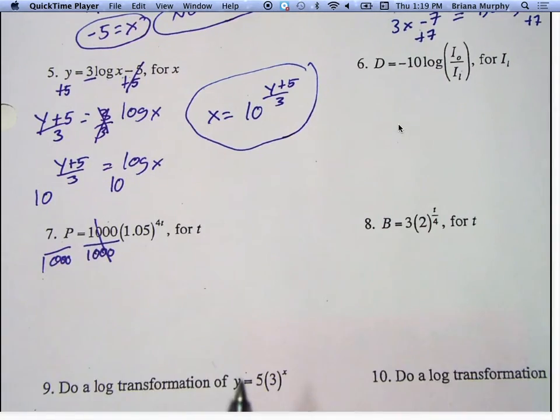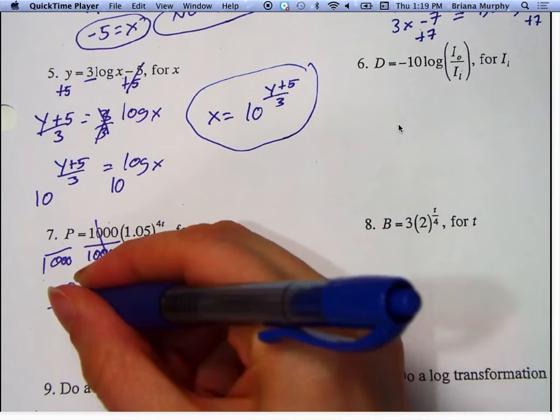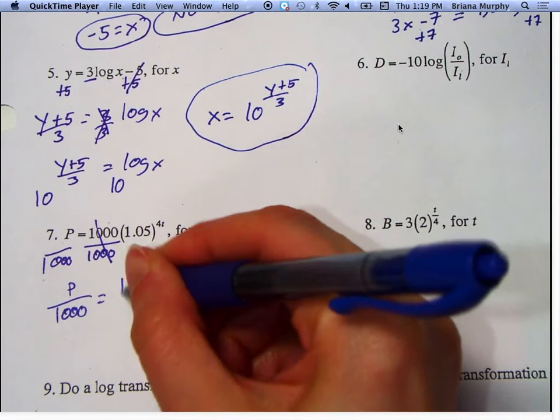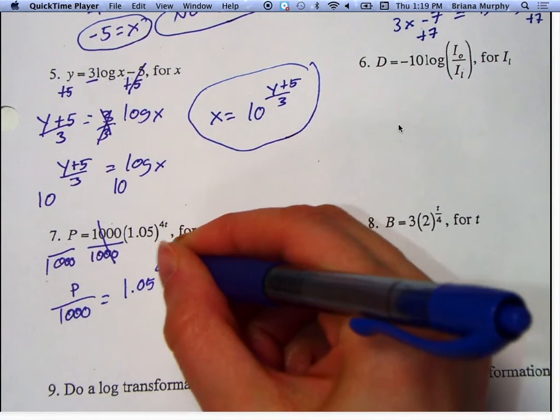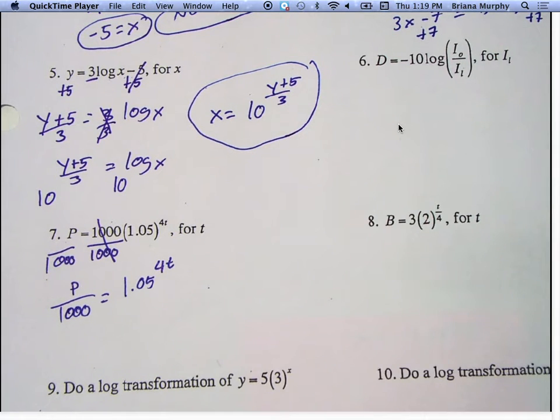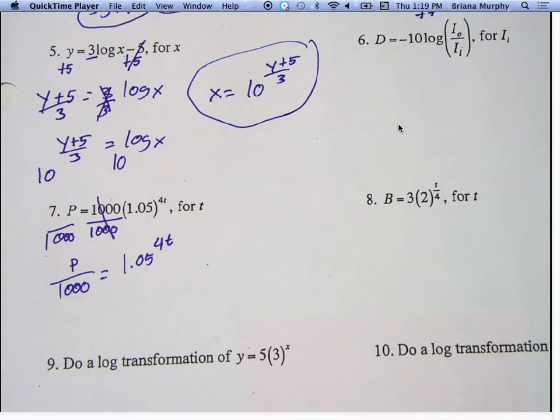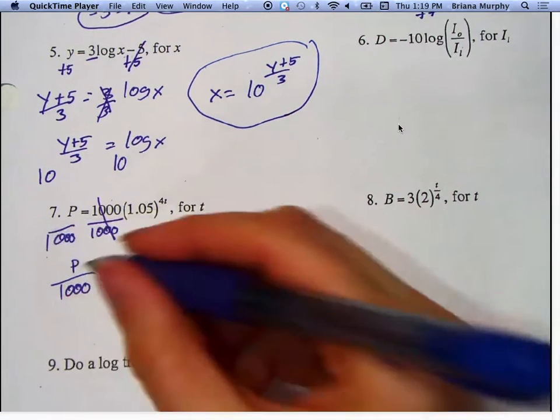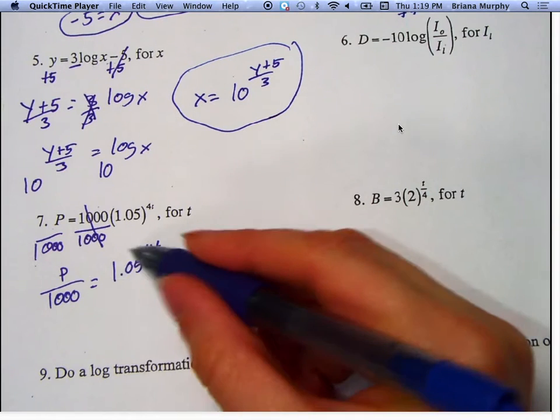Okay. So I get P over 1,000 equals 1.054 to the t. Okay? Now I'm stuck. How am I going to get rid of that t next to my 4? Log. Log base what? What's the base of this?